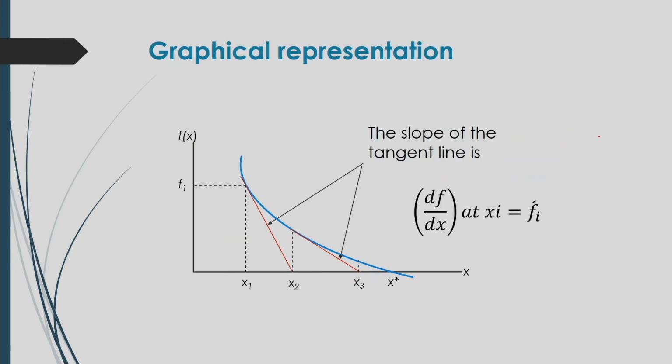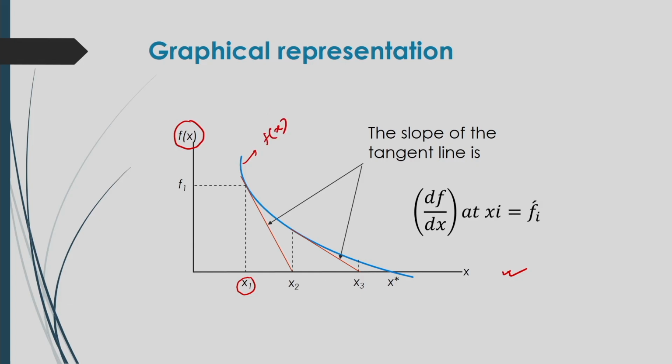Now, if we represent it graphically, we can have this diagram or figure here like this. In the y axis we can consider f of x, and in the x axis, that is the successive value of x. If we consider the initial point x1, then this is your function simply f of x.